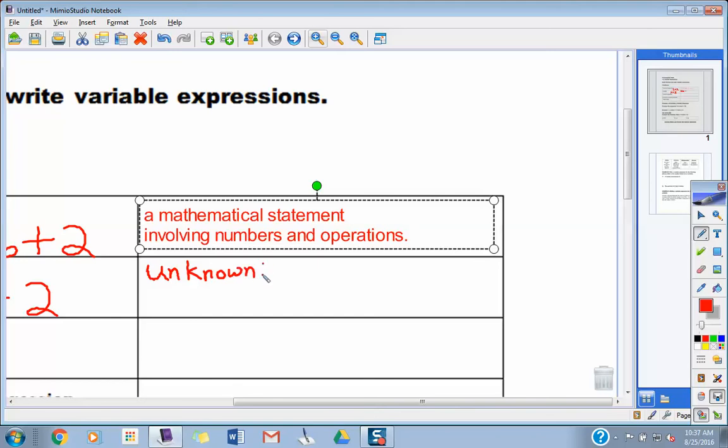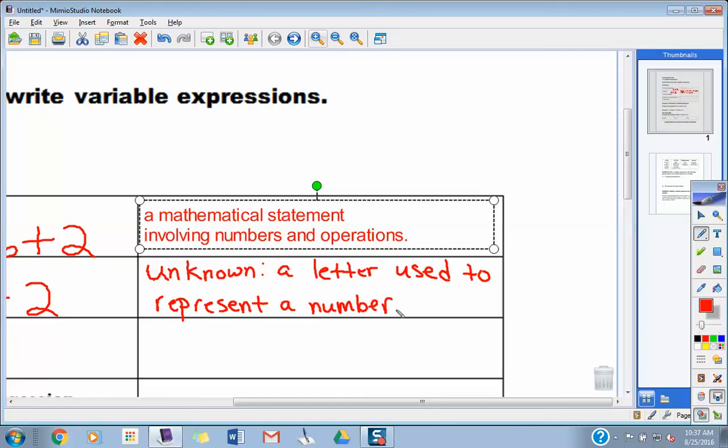It's a letter that we use to represent a number. It's a letter we use to represent a number.